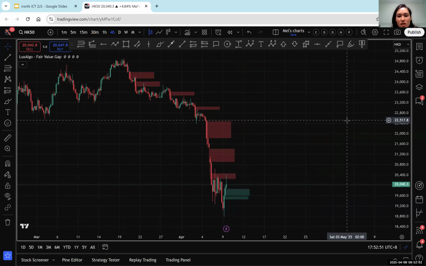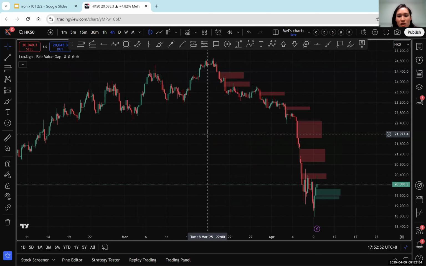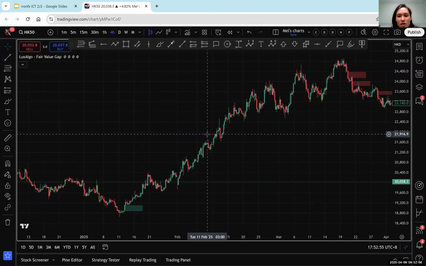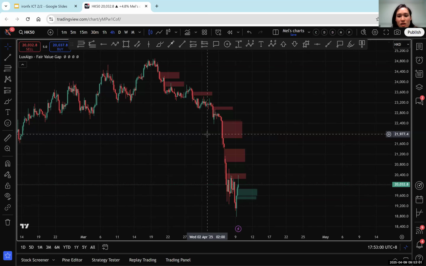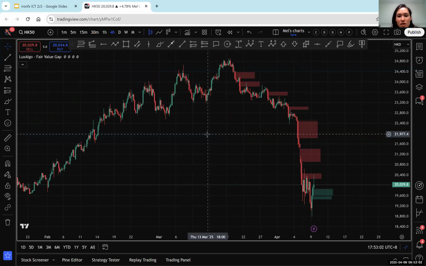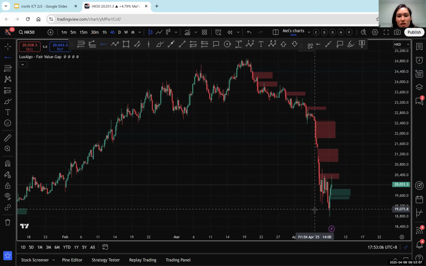It helps you identify all the fair value gaps in your chart. Like I mentioned earlier, these fair value gaps can also act as support and resistance levels. So we can go ahead and do that.